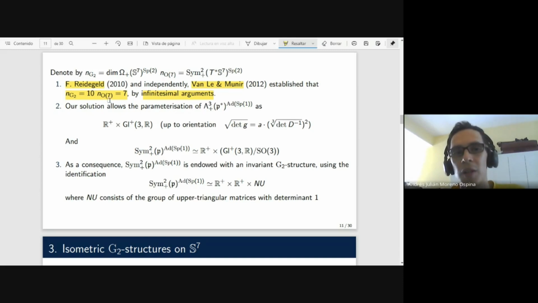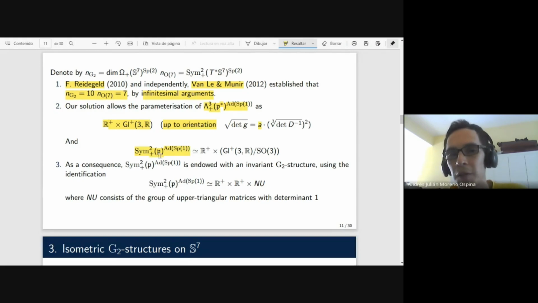And using this parameterization, we can describe the space of invariant G2 structures as this homogeneous space, of course, if we fix an orientation, a positive orientation, because it just depends on the parameter A. And also, we can describe the space of invariant inner products as this homogeneous space.